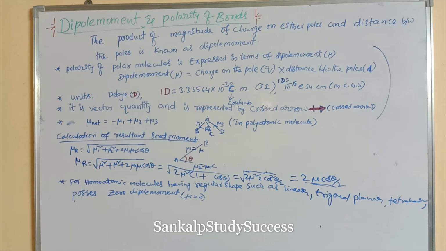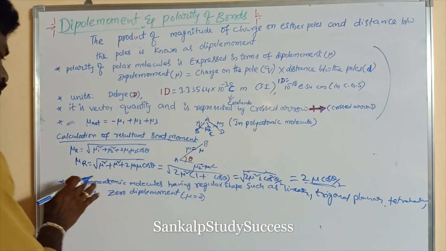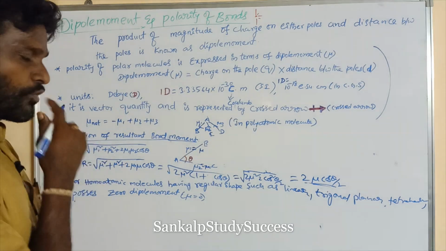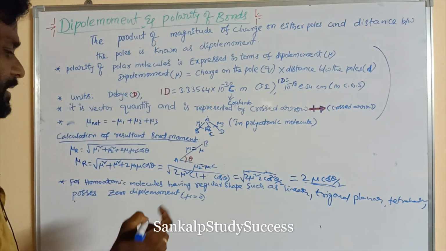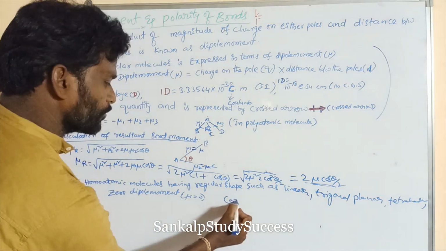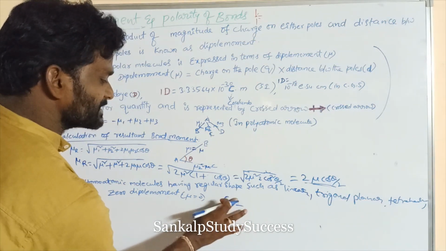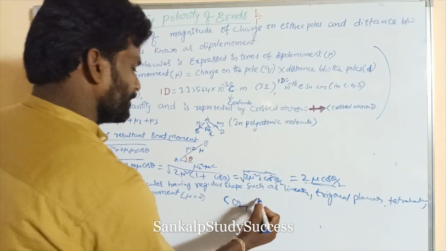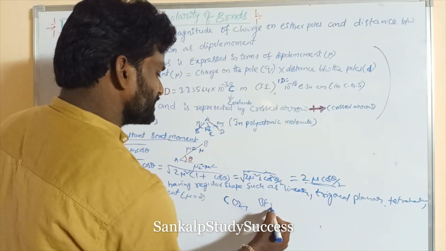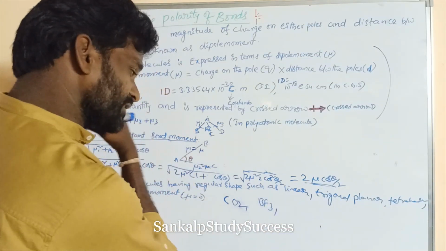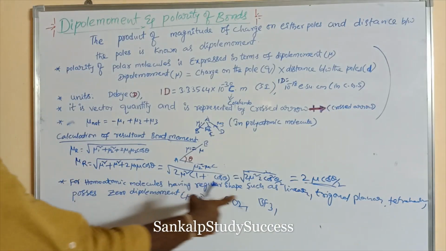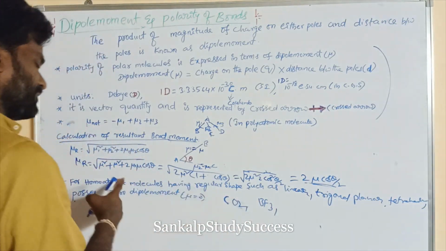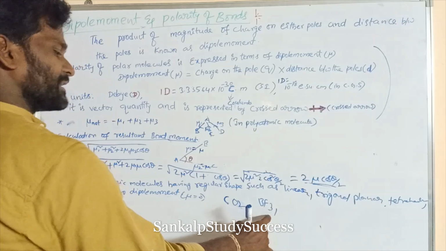So all those are regular shapes. What is that regular shape? In a homoatomic molecule, for example CO2, this is the central atom and the surrounding atoms are the same. And BF3 or BCl3, that is also a homoatomic molecule. Its surrounding atoms are the same. If B is the central atom, its surrounding atoms are the same.